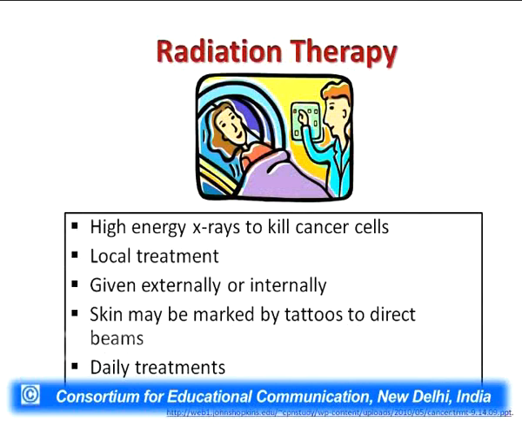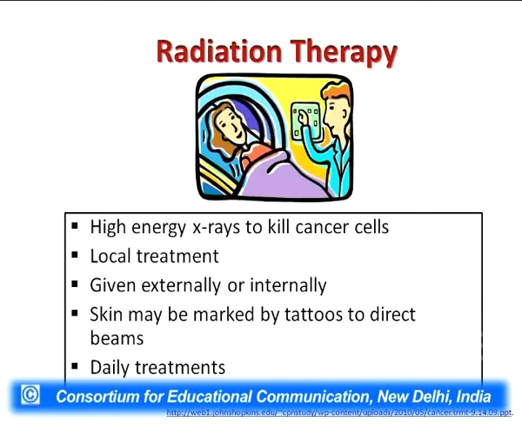The next major therapy is called radiation therapy, used when the patient has started developing the next advanced stage of the cancer, which is metastatic cancer. This radiation therapy uses high energy X-rays, which kill the cancer cells. But the major disadvantage of radiation therapy is that normal cells also get killed along with the cancer cells.